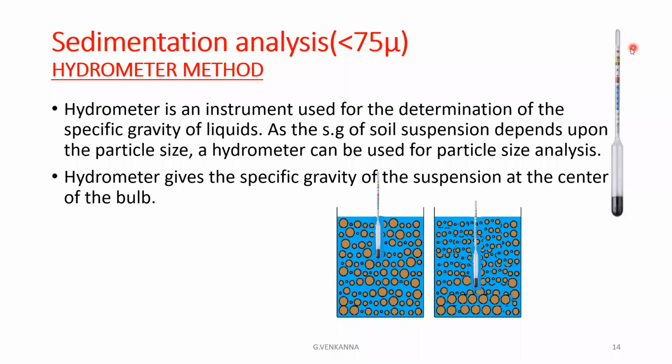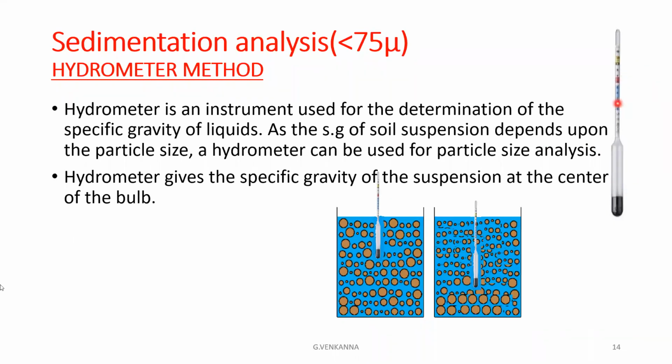At the top of the neck we have lesser values, and at the bottom of the neck we have higher values. The center of gravity is taken at the center of the bulb only. We neglect the long stem.